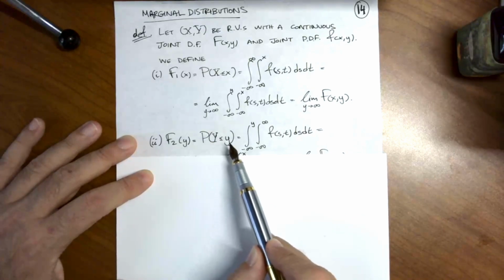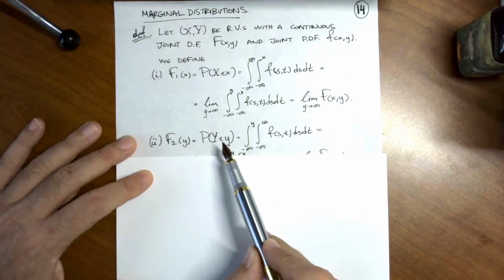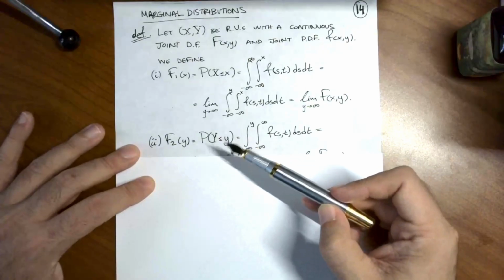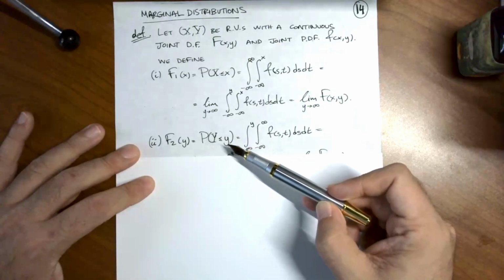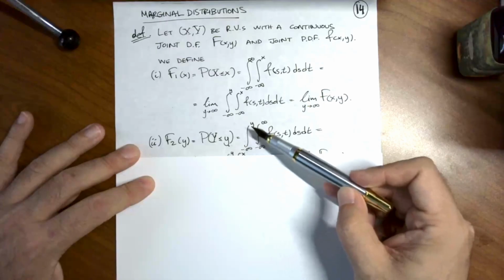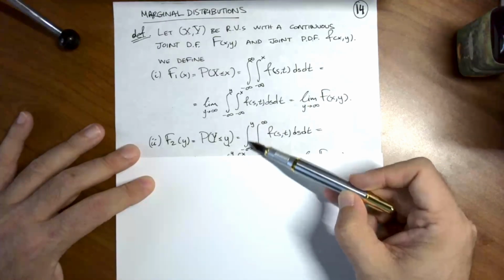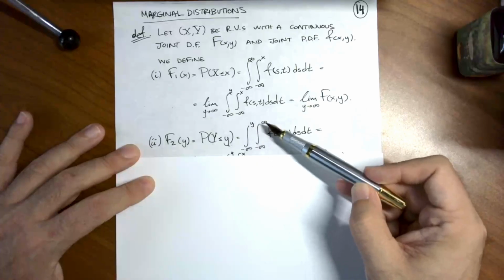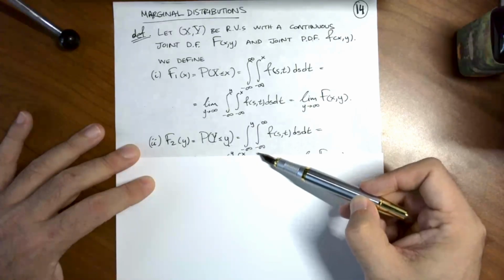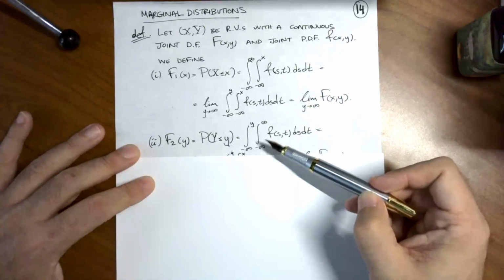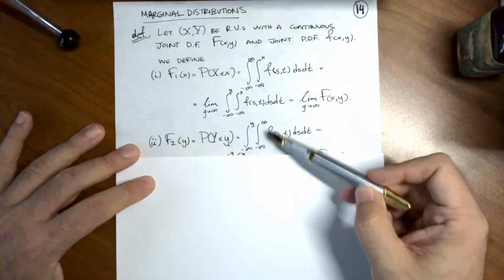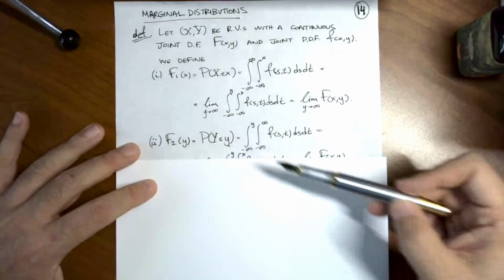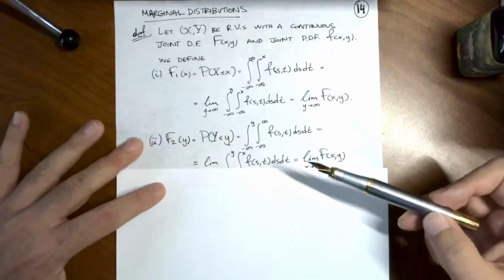X can be whatever, and we simply accumulate the probability of getting a value of y up to a particular point. This is reflected by this integral ranging from minus infinity to y, while we let x range from minus infinity to plus infinity. We're not caring about the specific values of x. We're essentially summing out x from this calculation.